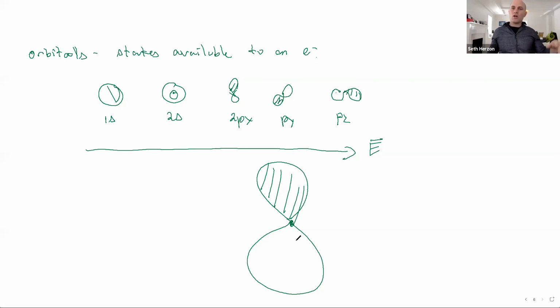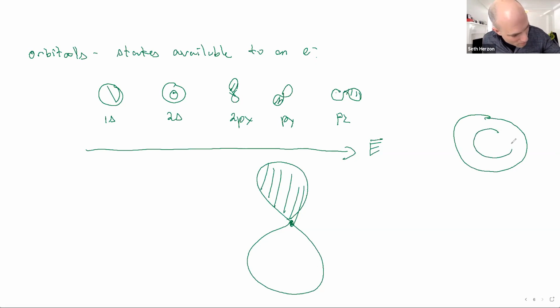It's very simple. With 2s, you get this node, and it's a weird kind of node because it's like a sphere that sits inside that bigger sphere. If you imagine a cross section, maybe this will help. Let me draw it.